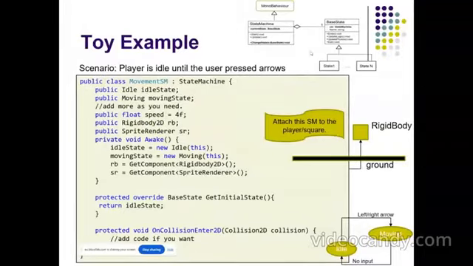So let's look at an example where, again, I put at the top here the UML that I just mentioned. Here I will be describing a simple game where you have, let's say, a square, and I have a ground. Let's start with this square as a game object.